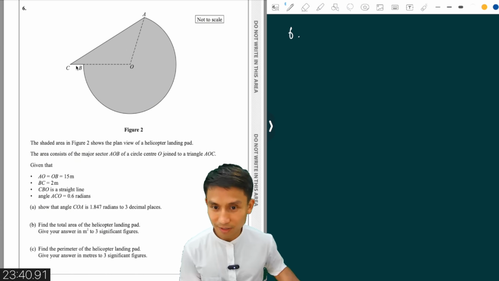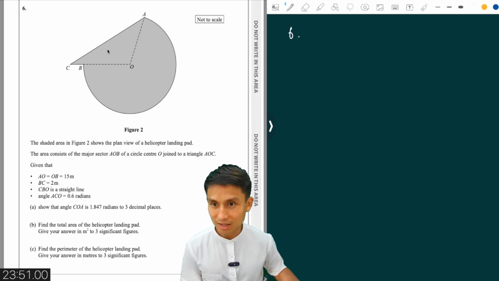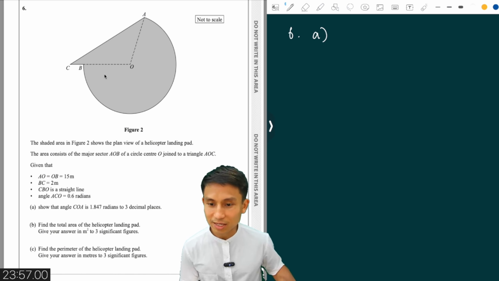Major sector AOB. CBO is a straight line. Angle ACO is 0.6 radians. Part A. Show that angle COA is that.